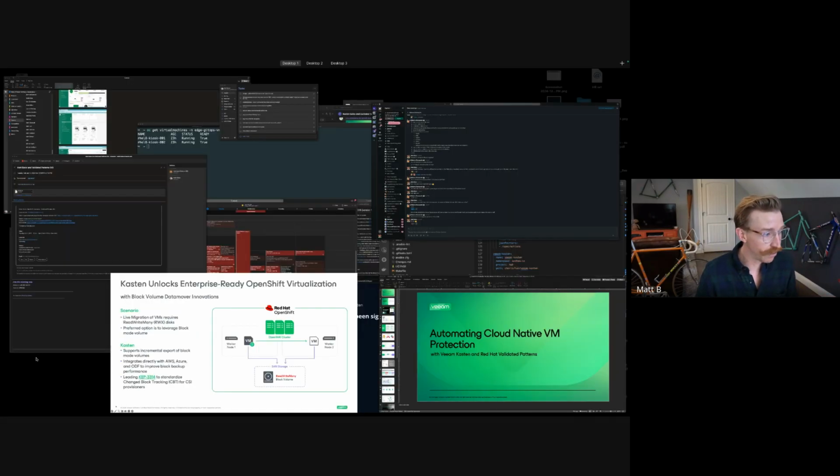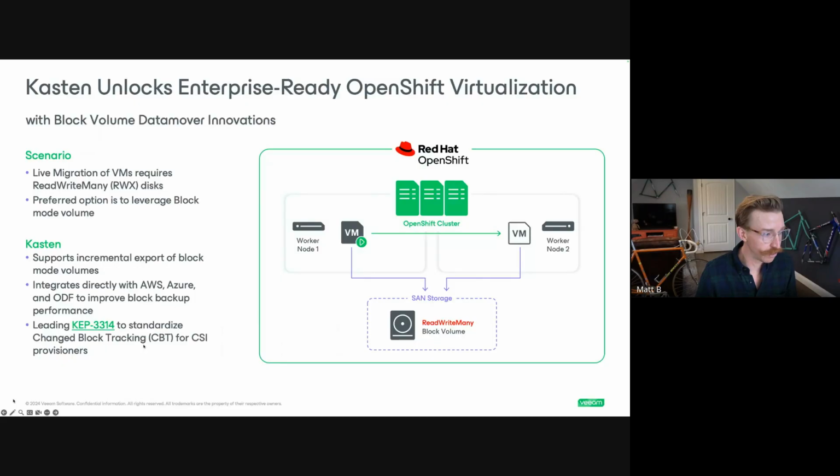And this is an area where we're really trying to drive some industry-wide innovation as well. There is no standard for change block tracking in Kubernetes today, in the same way that we have standardized APIs for volume snapshots now. So this is something that's being driven by Kasten engineering.